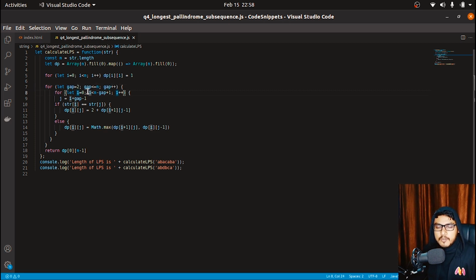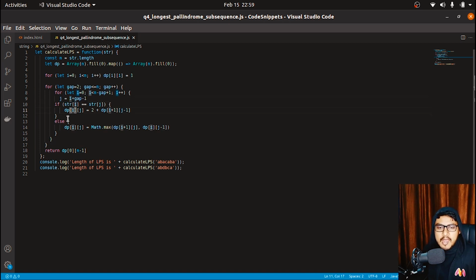So i starts from 0 and moves up to n minus gap plus 1, and our j is i plus gap minus 1. You can easily figure this out if you have a close look at the DP table.